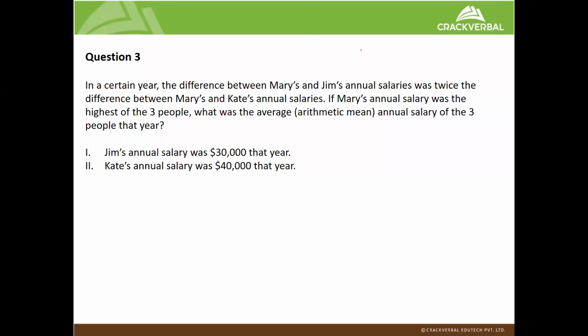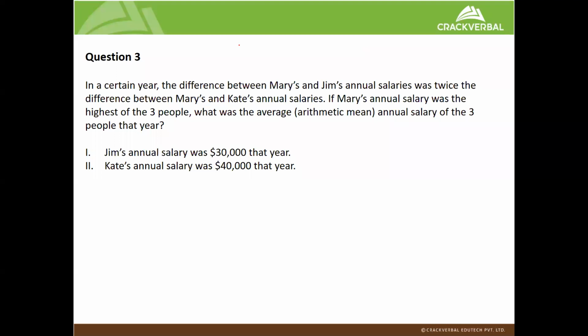But let's actually work this out. I'm not going to go into the statements. I'm first only going to look at the question stem. In a certain year, the difference between Mary's and Jim's annual salaries was twice the difference between Mary's and Kate's annual salaries. If Mary's annual salary was the highest of the three people.